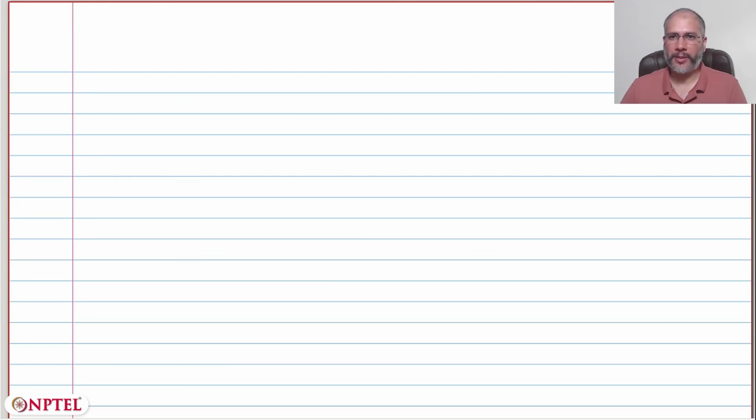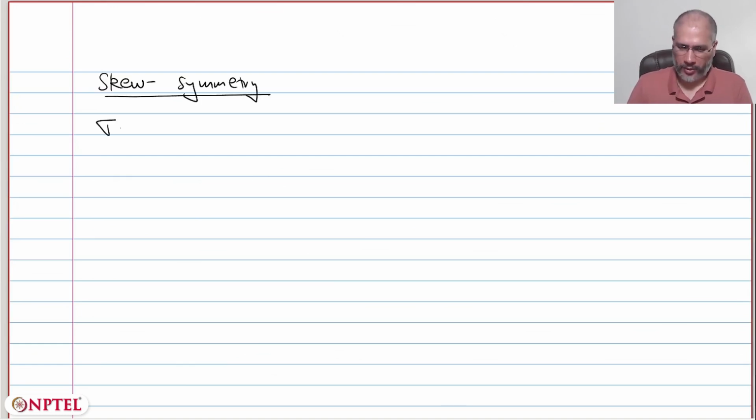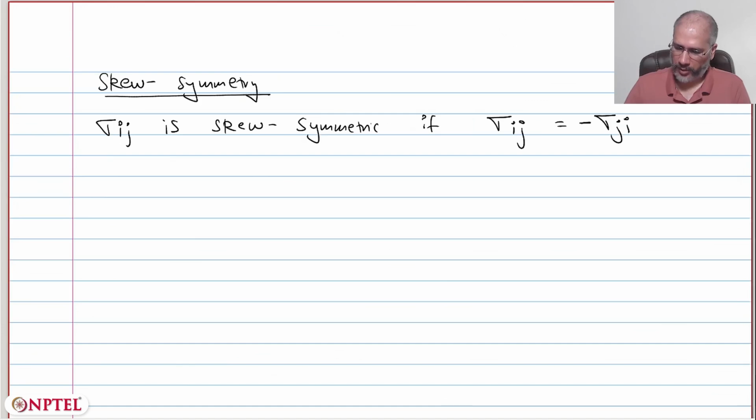Now if we talk about symmetry, we can also talk about skew symmetry. So we say sigma ij is skew symmetric if sigma ij equals minus sigma ji. Here we don't have to specify the indices i and j because there is no other way, so there is no lack of clarity.